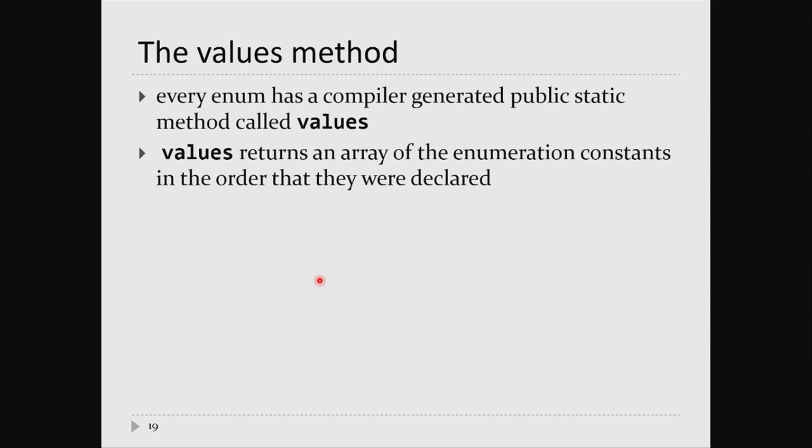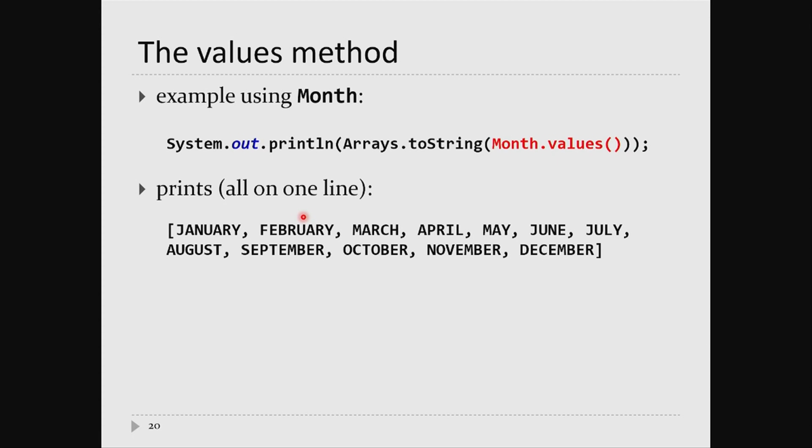Okay, so whenever you make an enumeration, you get a bunch of methods for free. One of them is called values. The method is static, it's public, called values, and it returns an array of the constants in the order that they were declared. So if I call Month.values, I get the array January, February, March, April, May, and so on, through December.